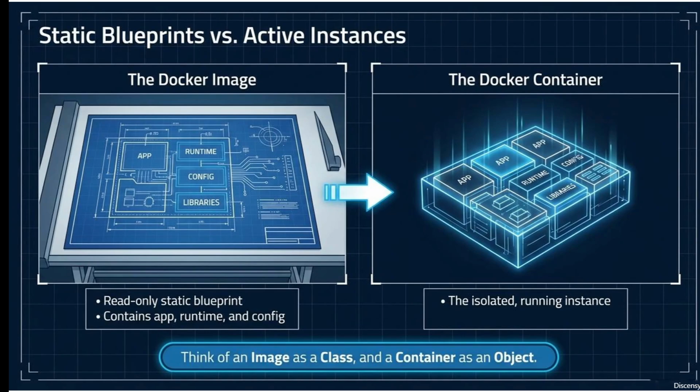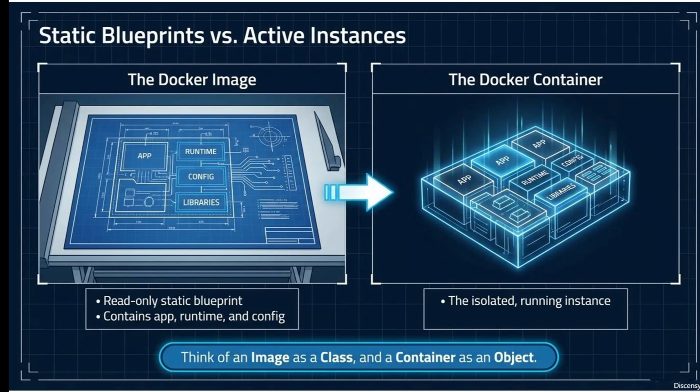For example, if we perform any changes, we need to rebuild the image so that those changes are reflected within the image. So we can say that this is a static blueprint where we cannot perform any operation, because we need to rebuild the image if we want to perform any updates. It contains the application code, runtime, configs, and libraries.